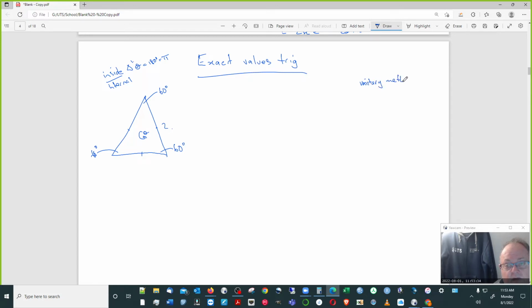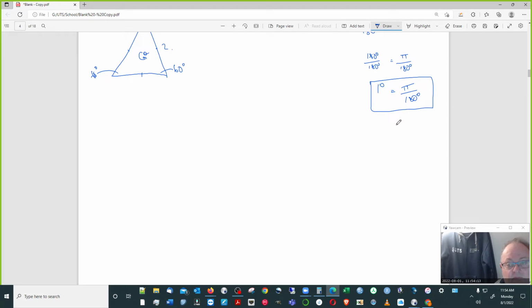So if I have 180 degrees equals pi radians, what I can do is divide by 180 both sides, and so I get 1 degree and that's where the unitary idea comes from. Okay, so this is like the unitary starting point, and then for any conversion you can multiply by whatever.